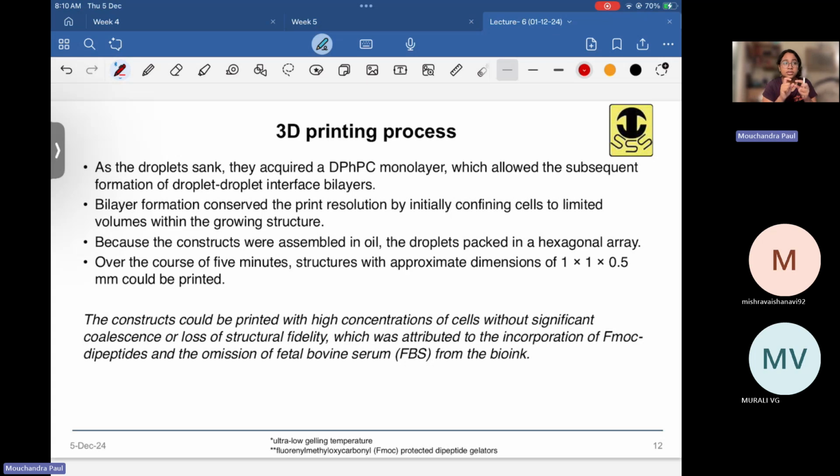These monolayers interact with the monolayer of other droplets and form a bilayer, like we see in a cell membrane, right? So this bilayer formation preserves the structure, all right, as more and more droplets are getting formed.